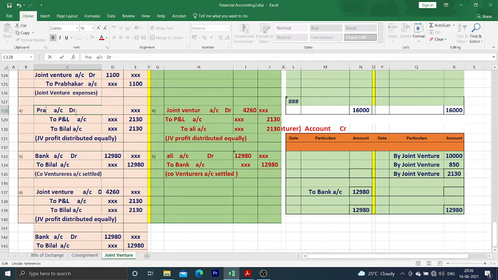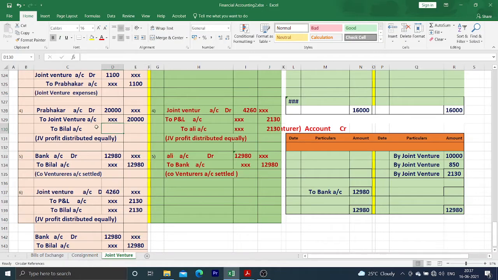Here we can't write cash, because it is Prabhakar account debit to joint venture. Amount is 20,000. Goods sold by Prabhakar.